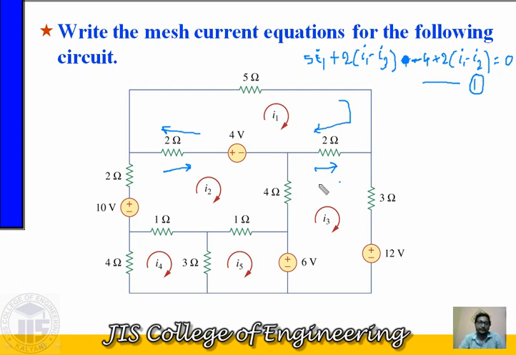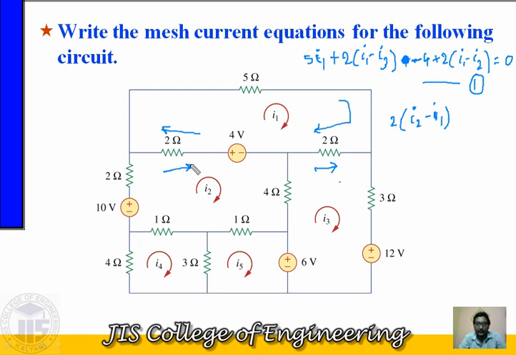Similarly for our next mesh, if we start from this 2 ohm resistance, we can write 2 into I2, because now our main current is clockwise I2 current, so 2 into I2 is left to right and I1 is right to left, so 2 into I2 minus I1.